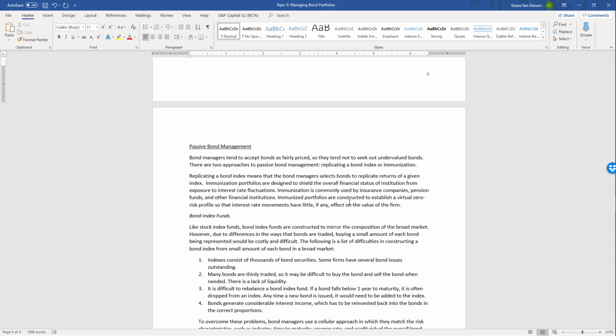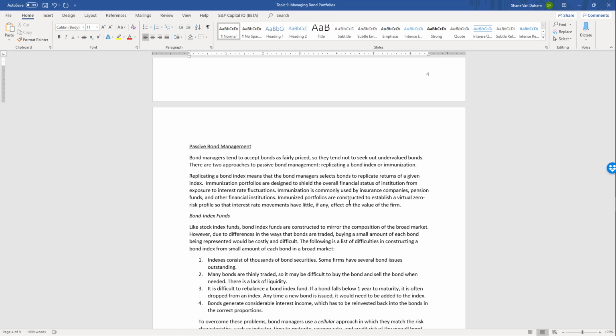Any special things about them, like if they're callable, puttable, convertible, or secured with specific collateral, usually a mortgage on real estate, and then of course the bond rating for that bond. So it's fairly easy to see if the yield to maturity is accurate. And so most bond managers do accept bonds as being fairly priced.